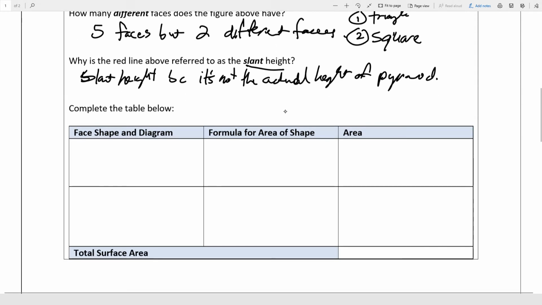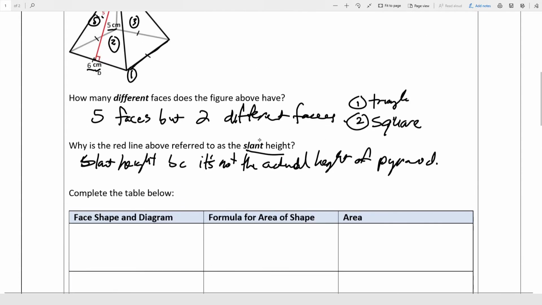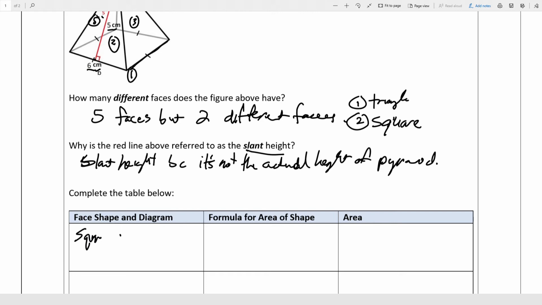So let's complete this table below. We're going to write the face shape and diagram for the square pyramid up there. So one of the face shapes would be a square, right, at the bottom, the base. And the diagram is this with a side length of 6 centimeters. And each of these sides is going to be the same because it's a square.